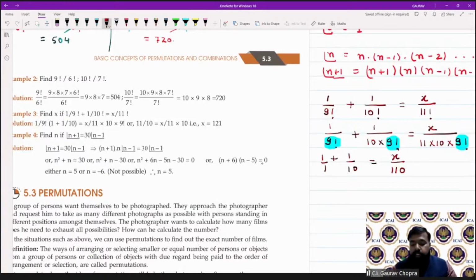Now we can take the LCM. So we are left with 10 plus 1 upon 10, which is 11 upon 10, equal to x upon 110. On cross multiplication, we are getting 11 multiplied by 11, that is 121.